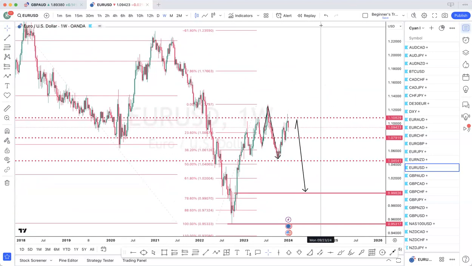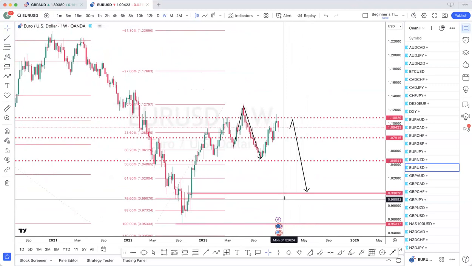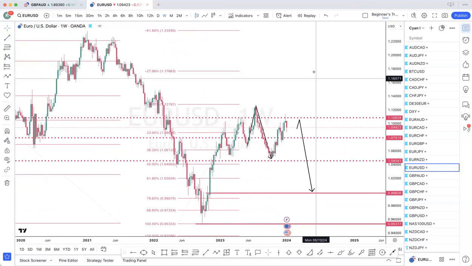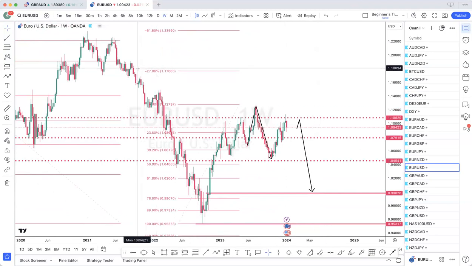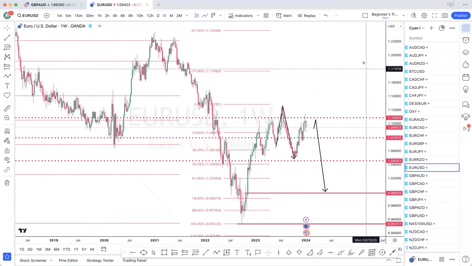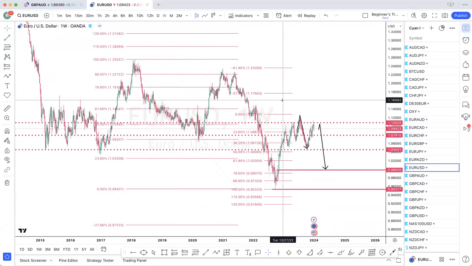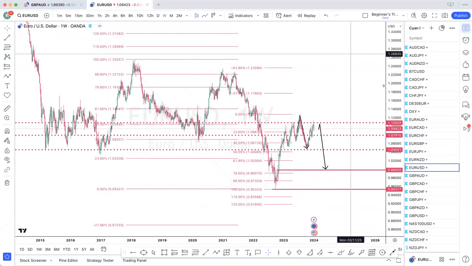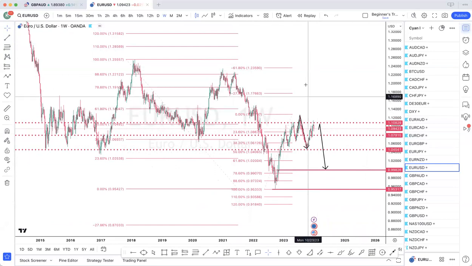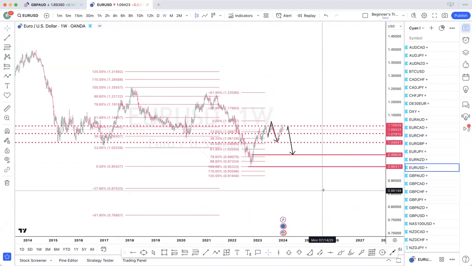Let's see. So the order block right here, tap into the 78 and can push up to here. You have imbalance here at this negative 27. You have imbalance up here. And then if it starts breaking these highs, you can just start definitely looking for more buys.